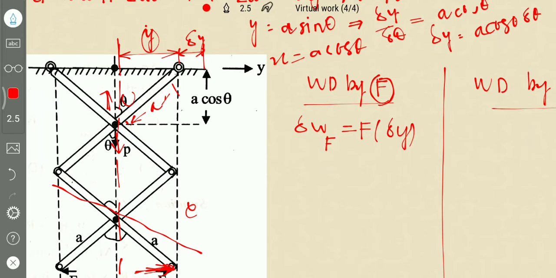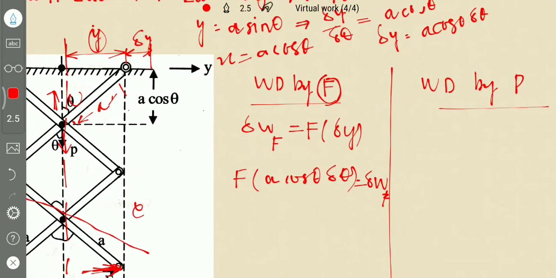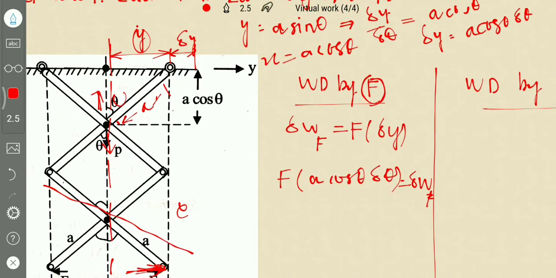So virtual work done by force F is F into delta y. What is delta y? Delta y is a cos theta del theta. So F into a cos theta del theta is the work done by force F. Then what is work done by force P? We are considering only the right side section.